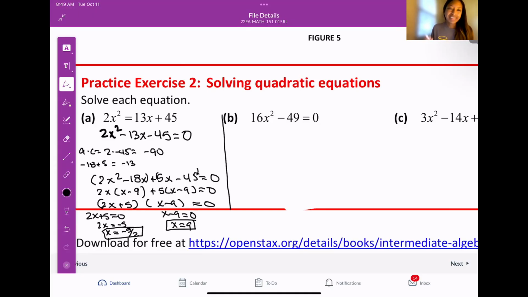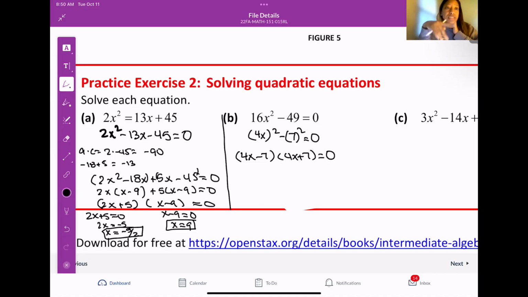For letter B, this is nicer because we have a difference of squares here. 16x squared is 4x all squared, and 49 is 7 squared. That equals 0. So the left-hand side factors to 4x minus 7 times 4x plus 7, and we have that equal to 0.